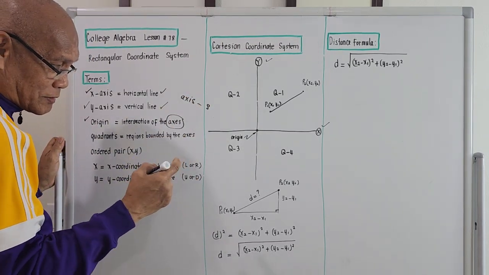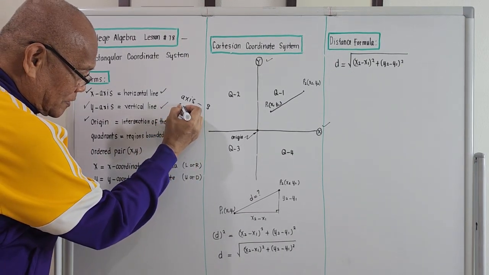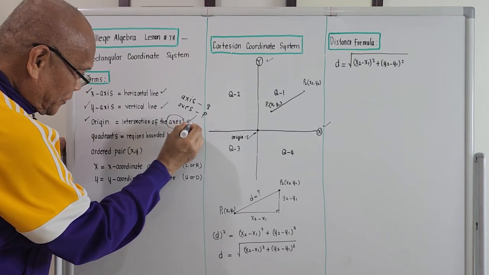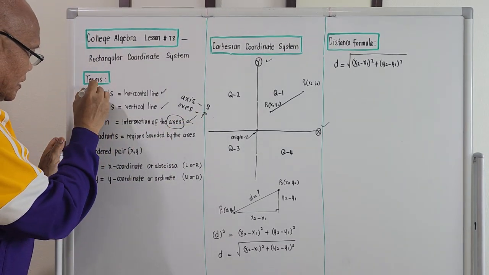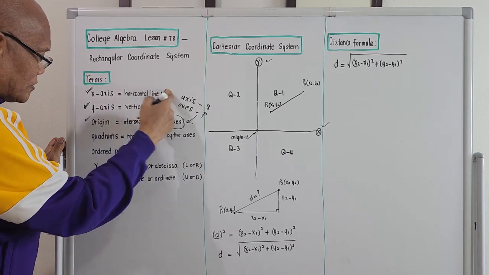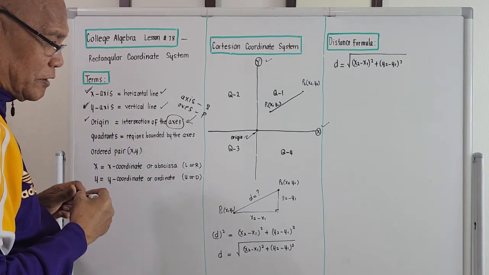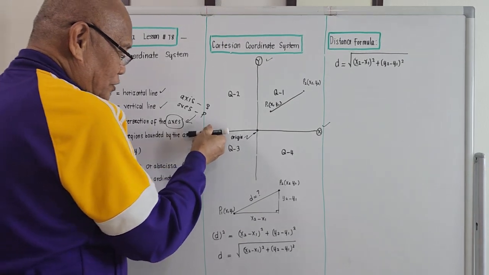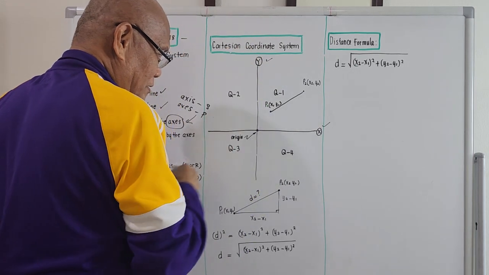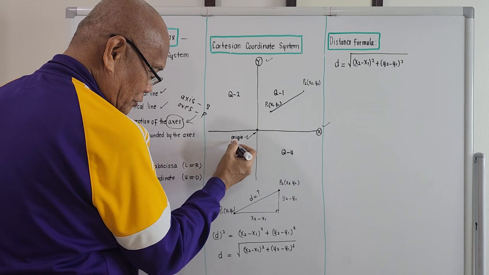So if we take the plural of axis, meaning two axes, that's plural. So this refers to the x and y axes, meaning the intersection of the x-axis and the y-axis is referred to as the origin. If this is the x-axis and this is the y-axis, their point of intersection is termed as the origin.